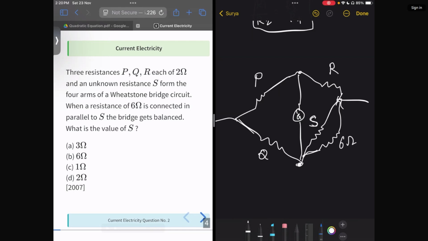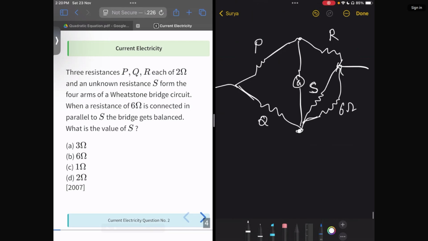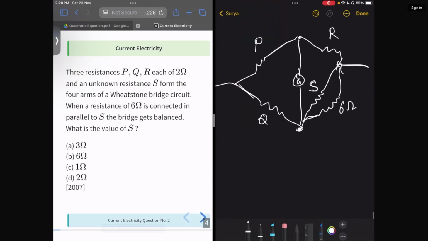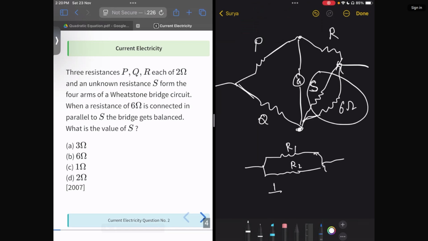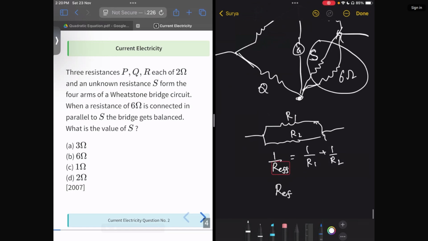So what will happen now? For balance, what is the concept of the Wheatstone bridge? Here we will take S equivalent. If two resistances R1 and R2 are in parallel, what is the formula for the resultant resistance? 1 by R effective is equal to 1 by R1 plus 1 by R2, so R effective is equal to R1 R2 by R1 plus R2.